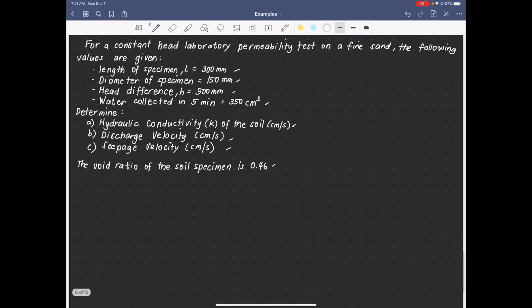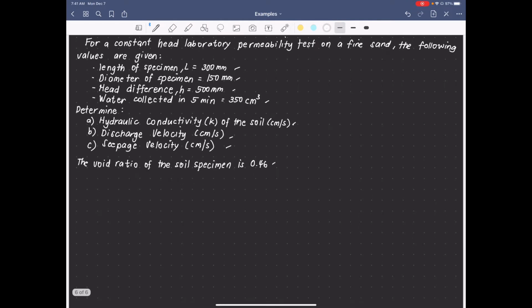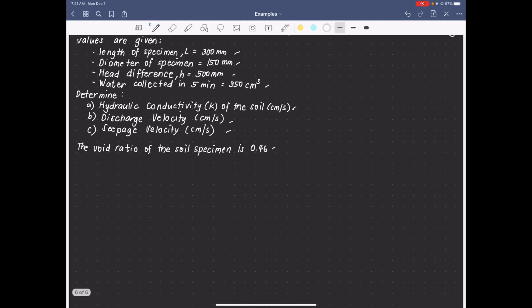So let's try to draw the soil sample and the permeability apparatus. So we are given a permeability apparatus, let's say this one.